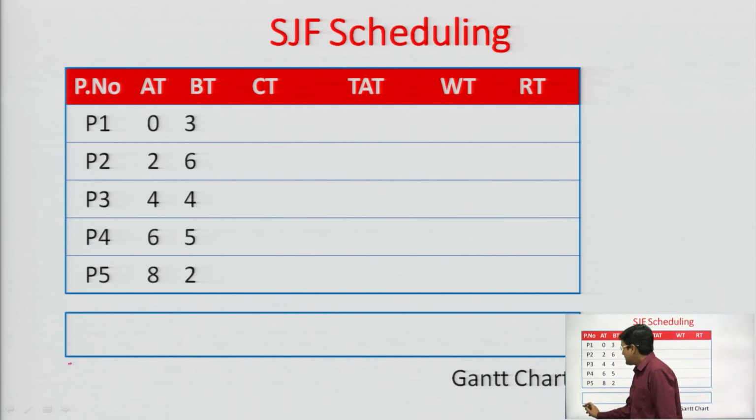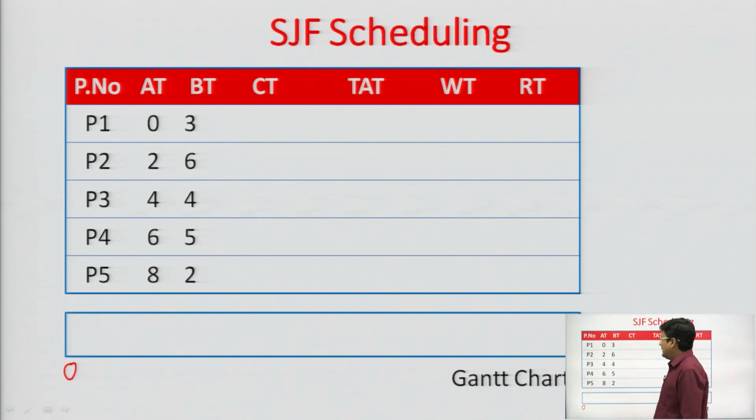Let us say the Gantt chart starts at time 0. At time 0, we have only one process available, that is P1. So, let us schedule it at the CPU. This has a burst time of 3, so it runs up to 3 units of time. Up to 3 units of time, P2 has also come, and P2 is the only process which has come up to time 3, because P3, P4 and P5 will be arriving a bit later.